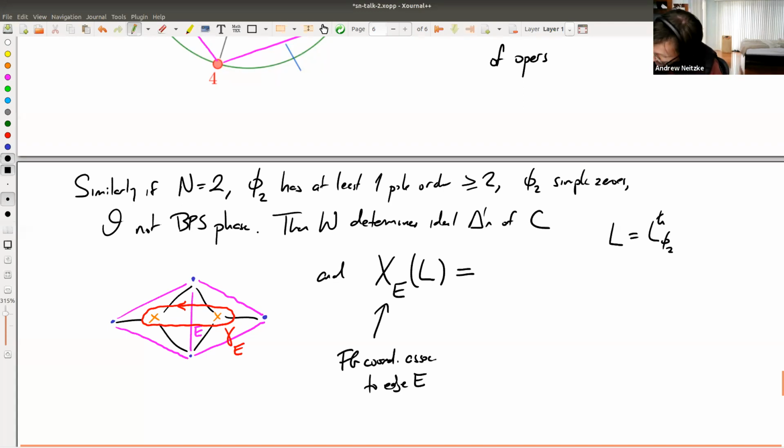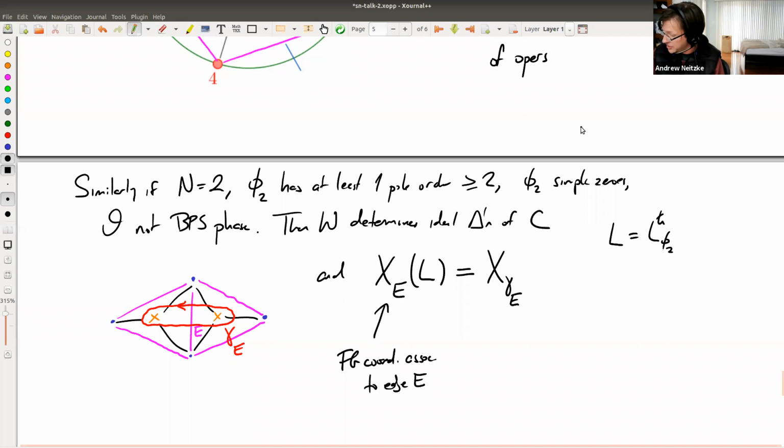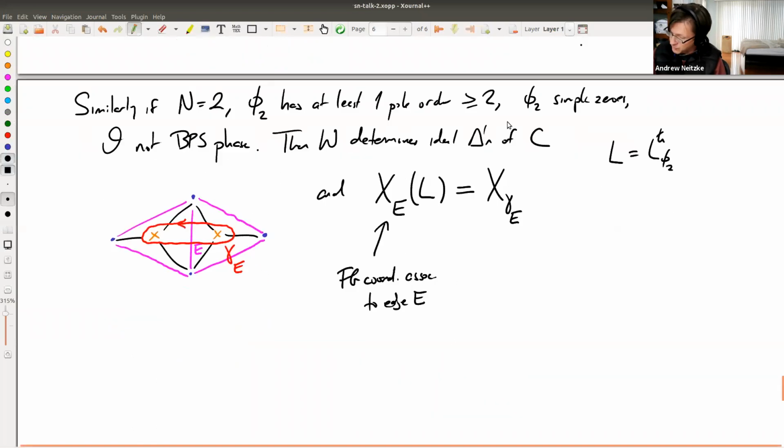And what I'm saying is that those coordinates are exactly equal to these abelian holonomies along the corresponding cycles that I drew here, X gamma E. So in that sense, this business of abelianization, which you could think of as coming from trying to do the WKB analysis of opers, produces the same coordinates as Fock-Goncharov.